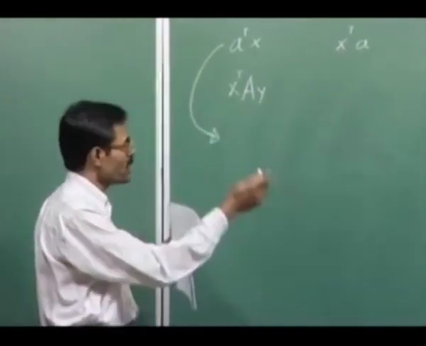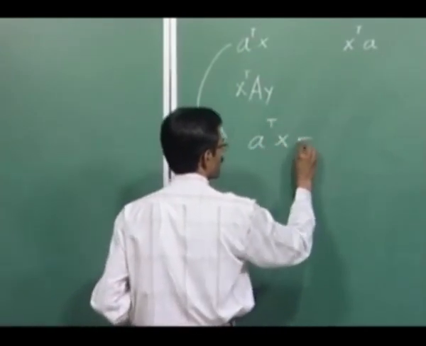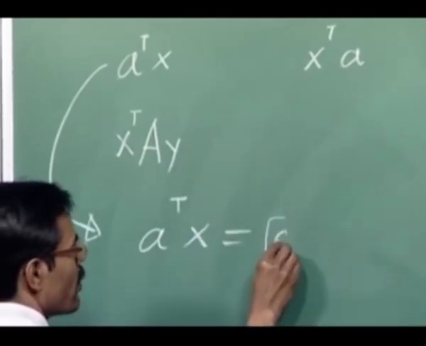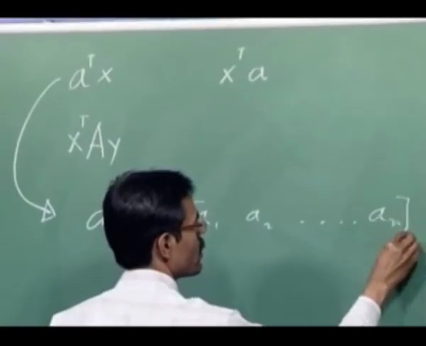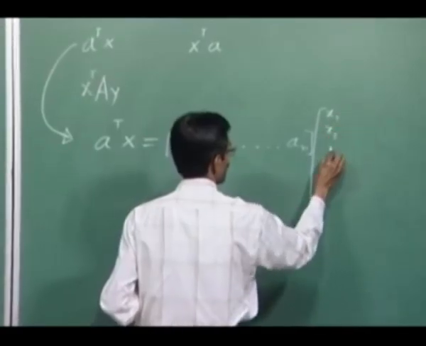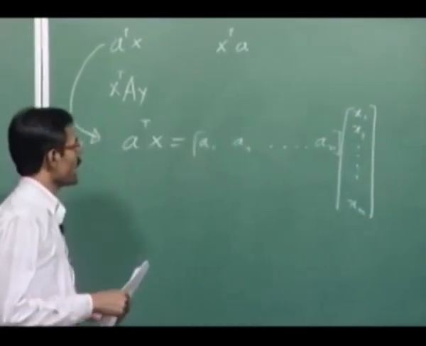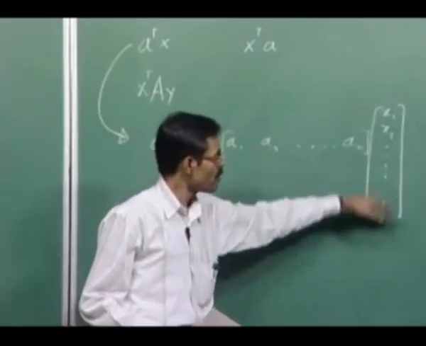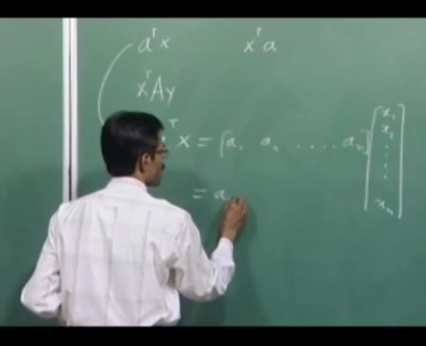We open it and say A transpose x is equal to, A is a column vector, so we will have A1, A2, up to An, and x is a column vector, right. So A itself is a column vector, that is why A transpose becomes this row vector, and as we open this we will get A1 x1 plus A2 x2 and so on.